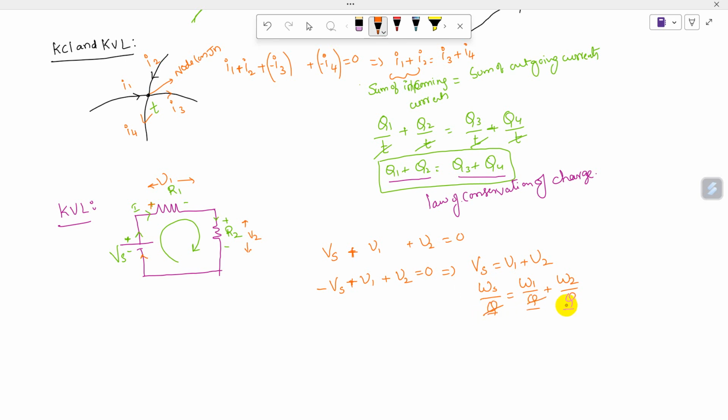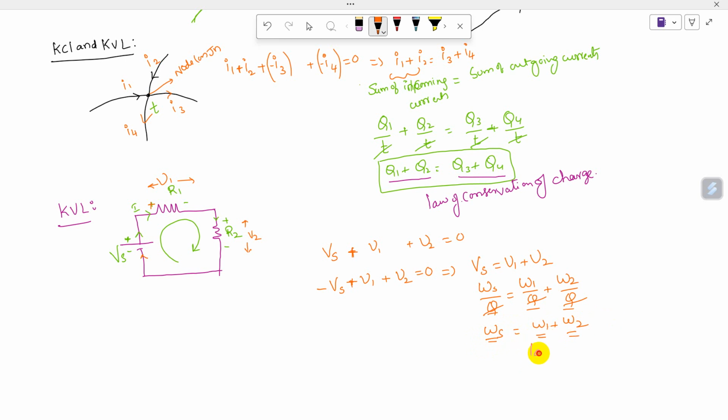So this will be cancelled, and Ws is equal to W1 plus W2, and we know very well the work will be stored in the form of energy. So the total work is equal to the summation of the two works, which means total energy is the summation of individual energies.